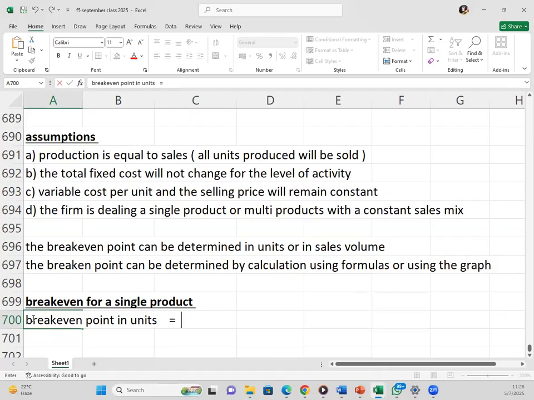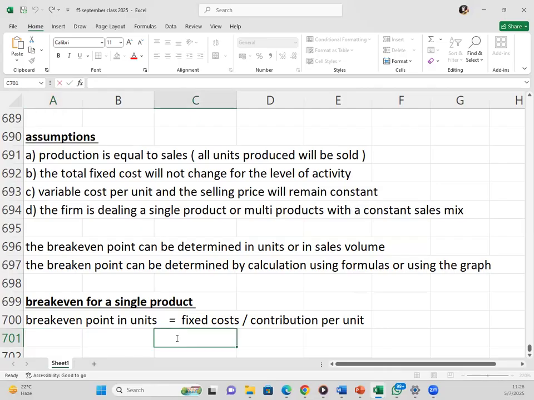Determining the break-even point in units, the formula is fixed cost over contribution per unit. So the break-even point in units is the fixed cost over contribution per unit.